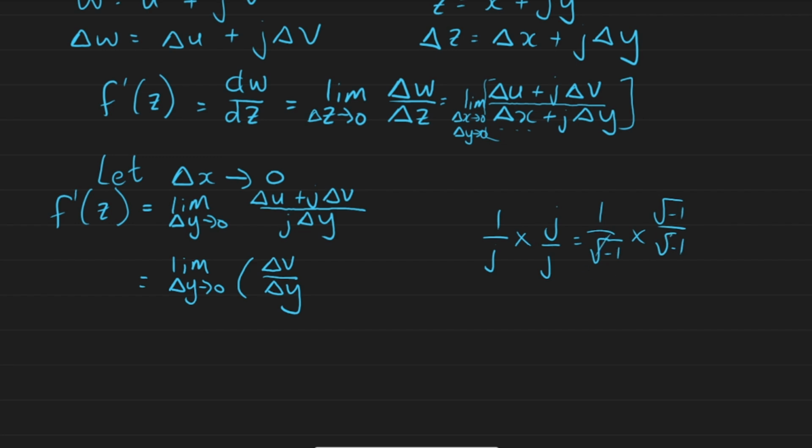So the square roots essentially cancel out. Essentially, we have minus j. So 1 over j becomes minus j. And we have delta u divided by delta y.